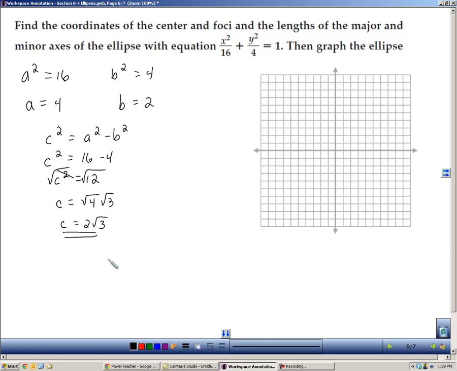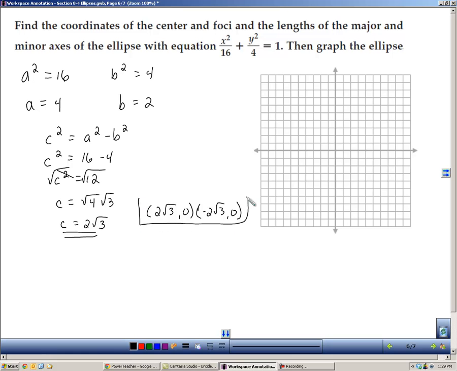That's an important value because that helps me find my foci. So in fact, I know that my foci are at 2 root 3 comma 0. That's one of the points. And negative 2 root 3 comma 0. Those are my two foci points. And I know that they're the x values because I know this ellipse is wider than it is taller because that's the major axis, the x-axis.